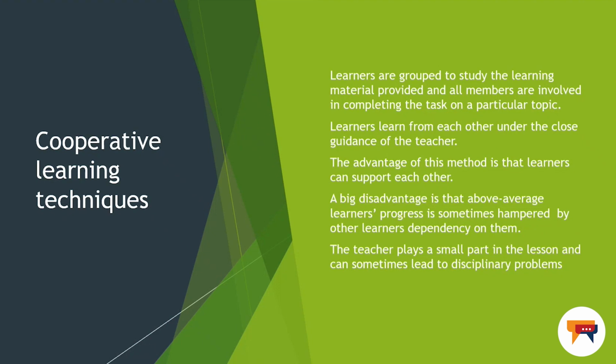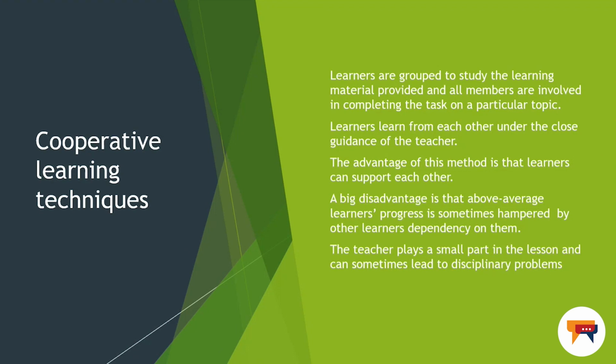A big disadvantage of the cooperative learning technique is that the above average learners' progress is sometimes hampered by other learners' dependency on them. It is inevitable, although we're not encouraging it, that some learners will contribute more than others because of their intellectual capability. And sometimes they are held back by the slower learners.